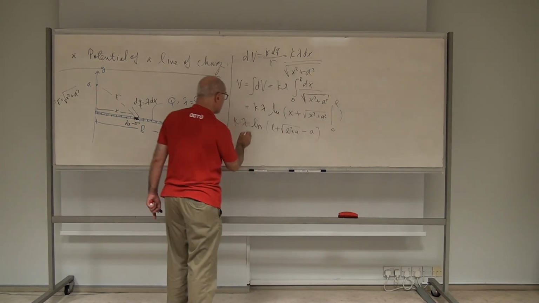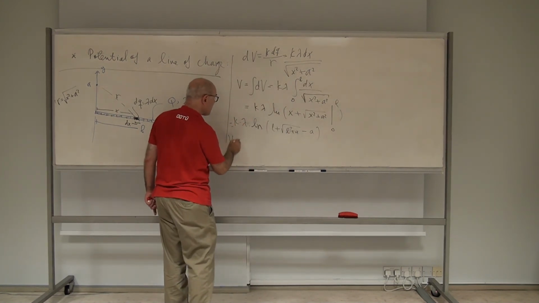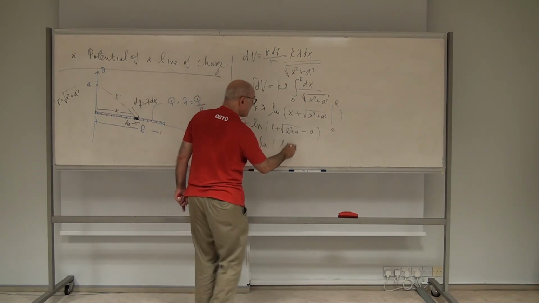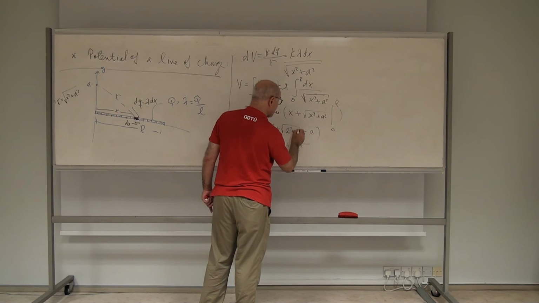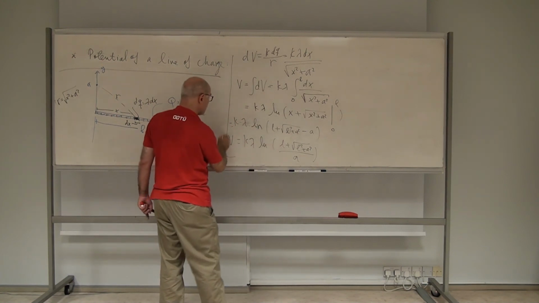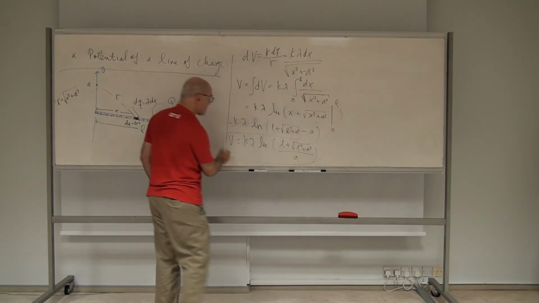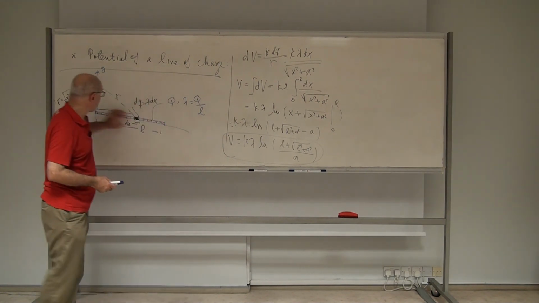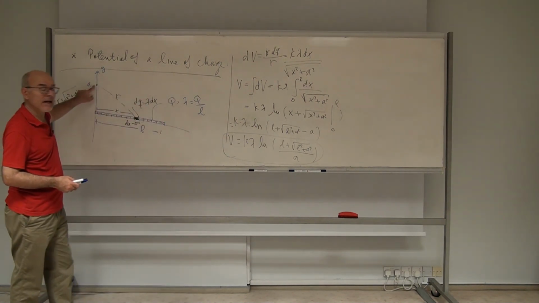So V becomes k lambda ln of (L plus the square root of L squared plus a squared) divided by a. So this is my expression for the potential of this line of charge at the point a.